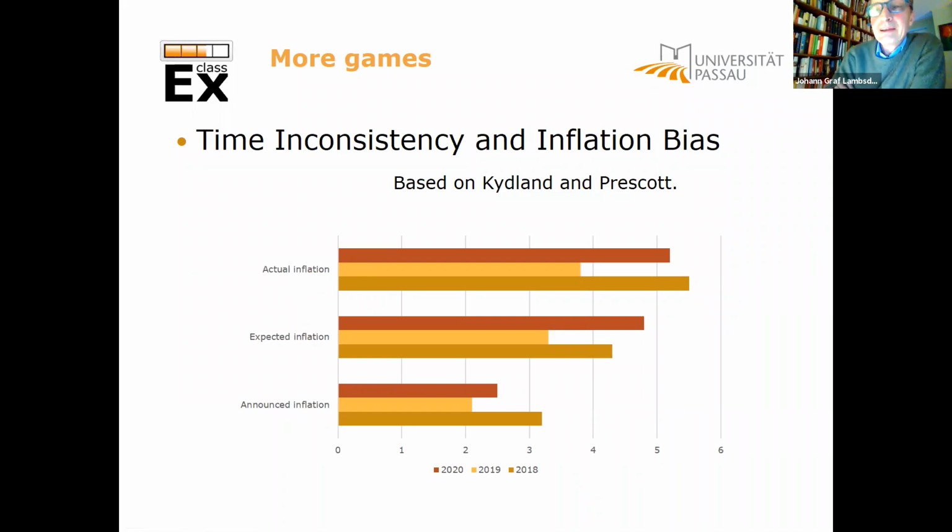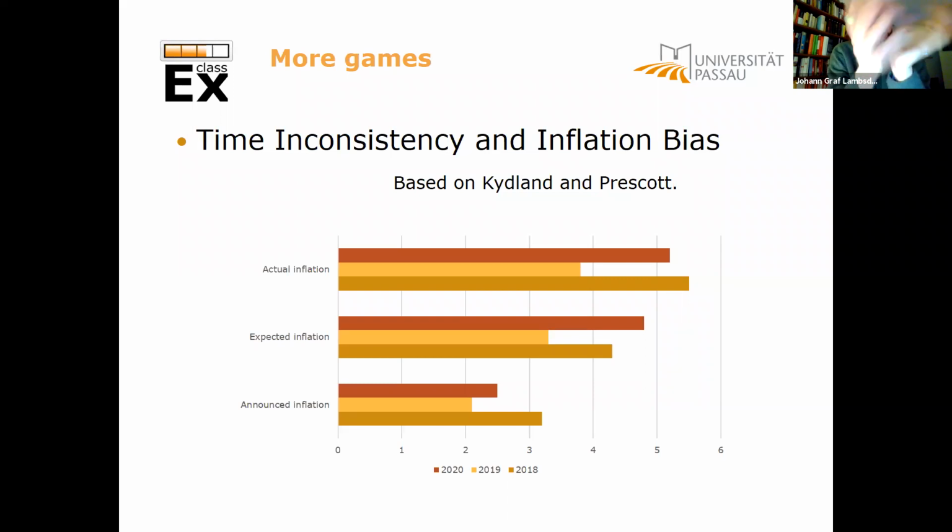The discretionary results in Kydland-Prescott would be even stronger than that, but this is a real game between one person acting as a central banker and others acting as the private sector that forms expectations.